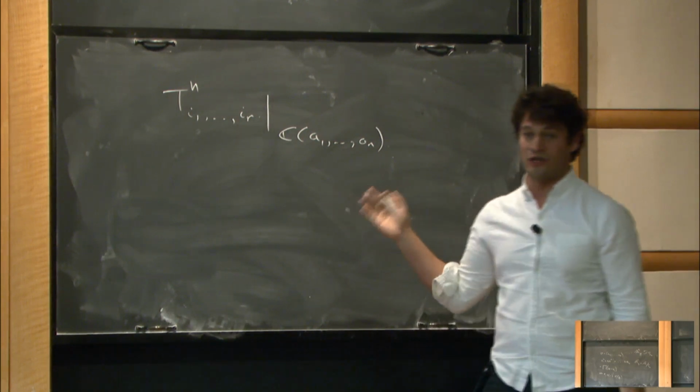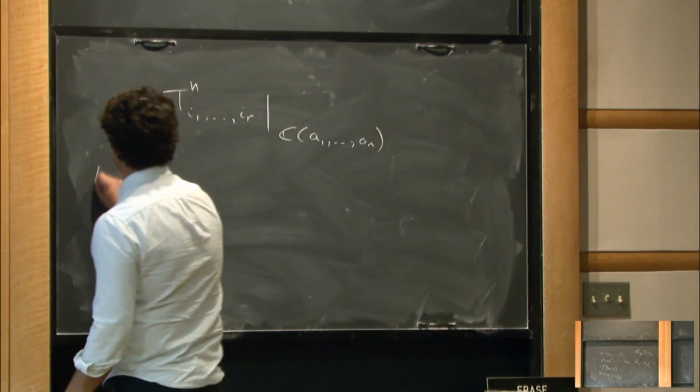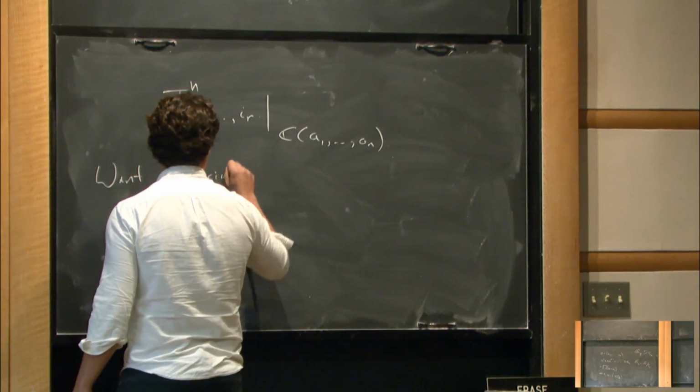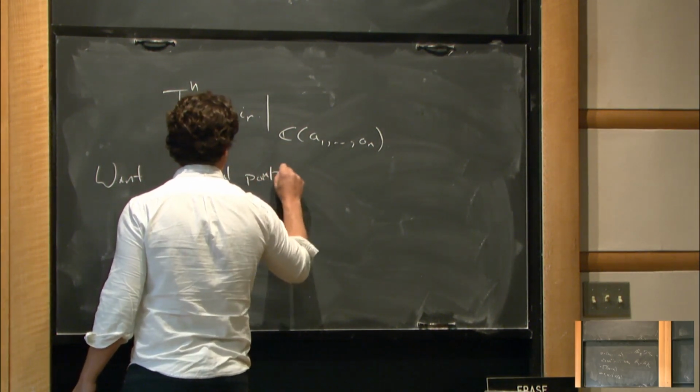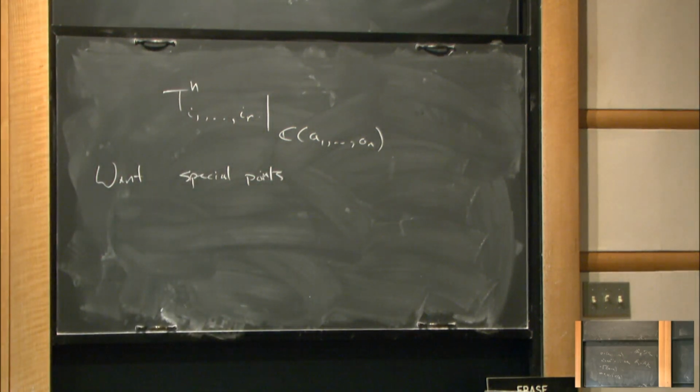So this is now some complete intersection defined over a function field. And we're trying to find special points of this. So if I just pass to function fields, this is just now some branch cover, some finite extension of the function field. And I want to find a point of this complete intersection on that.